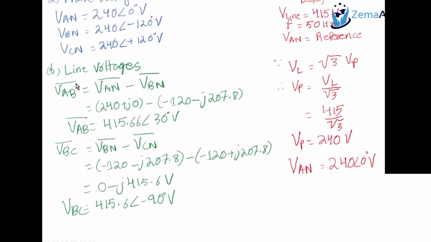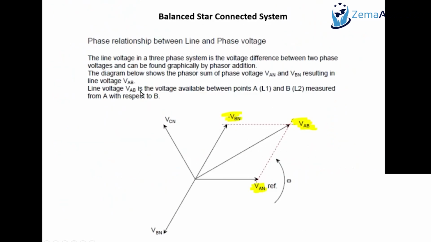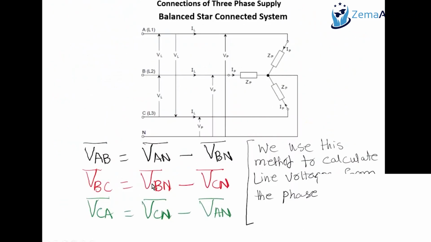In order for us to calculate the three line voltages, VAB, VBC and VCA, which is on the next page, we must use the same equations that we have looked at in the previous slides.